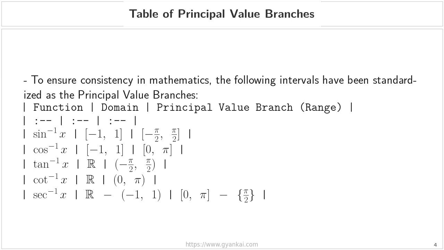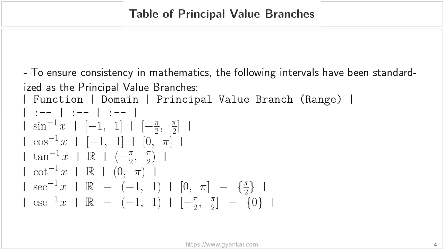For the inverse secant of x, the domain consists of all real numbers except for the open interval between -1 and 1. Its range is from 0 to pi, excluding the value of π/2. Finally, for the inverse cosecant of x, the domain is also all real numbers excluding the interval between -1 and 1.